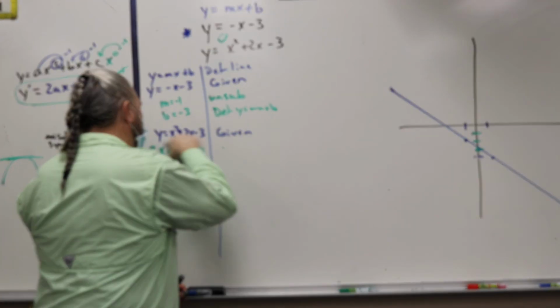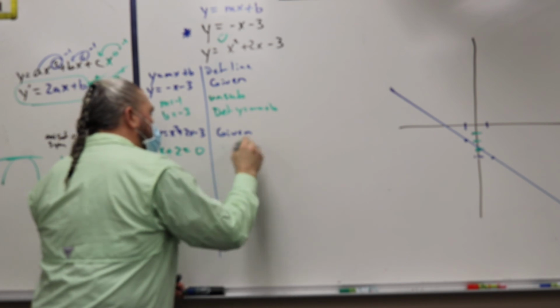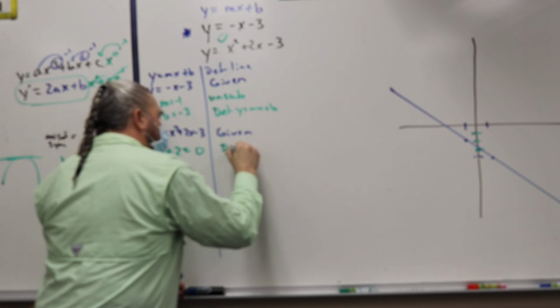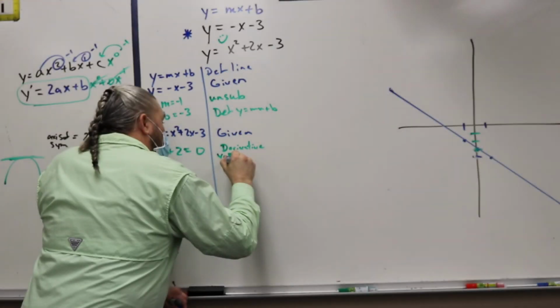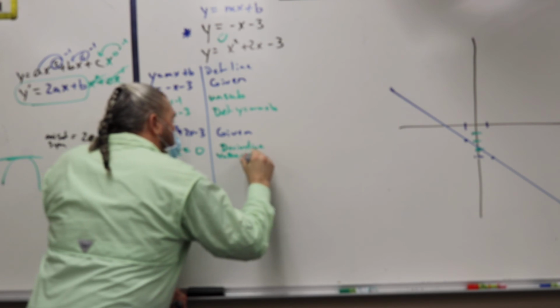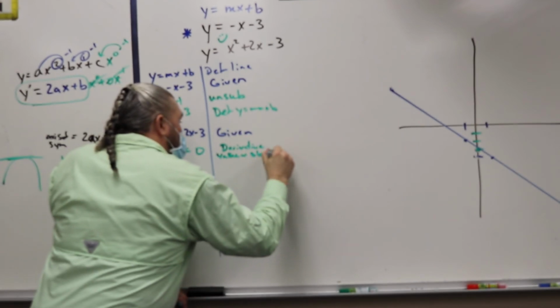Okay, so now I can solve for x. So I solve. And I got to call this something. Right? Well, this is given, and then this was the derivative. But it's also what? The value when slope equals 0.